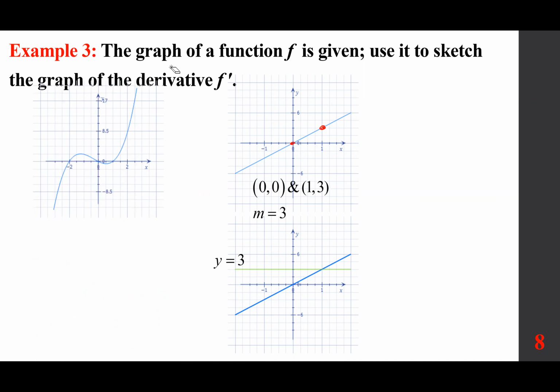How about this one? Again, you want to look at important parts. So if we were to graph the important parts, this corresponds to 0. This corresponds to 0. Okay. And over here, okay, f prime, it's increasing, right?